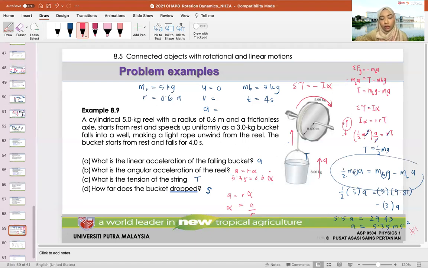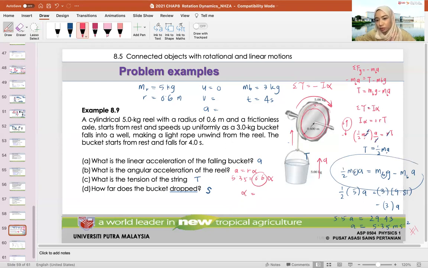So how did I know that the radius belongs to the reel and not the bucket? Kenapa saya tahu radius ni reel, bukan bucket? Anyone wants to guess why? So everyone's scared to answer? Okay. Because the rotation only happens here.